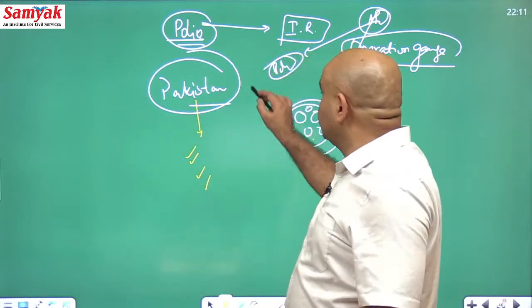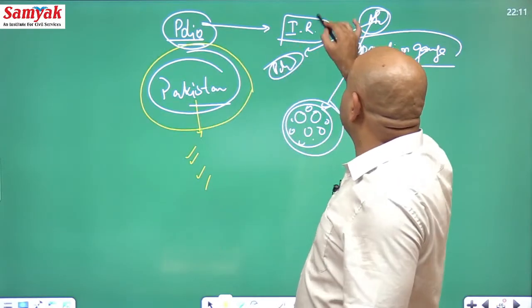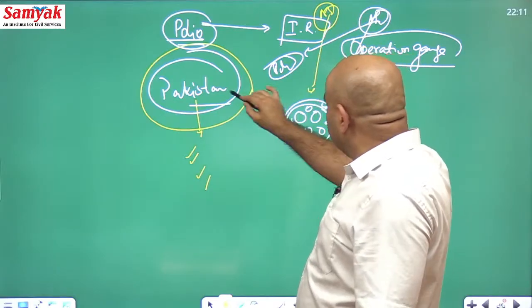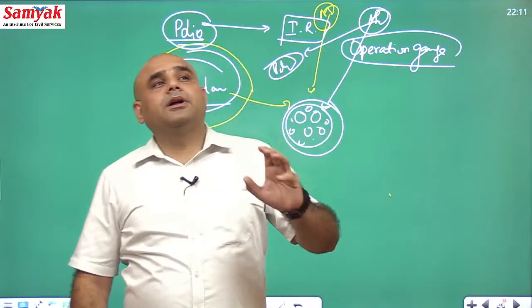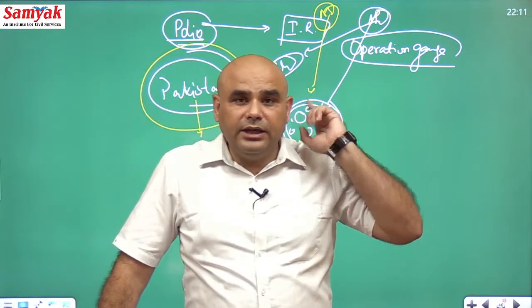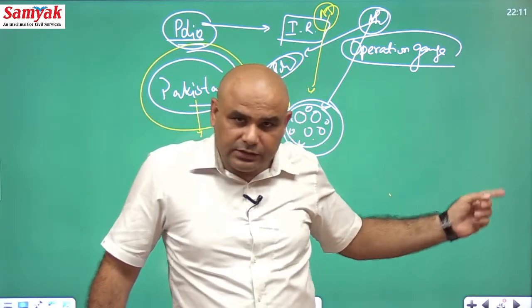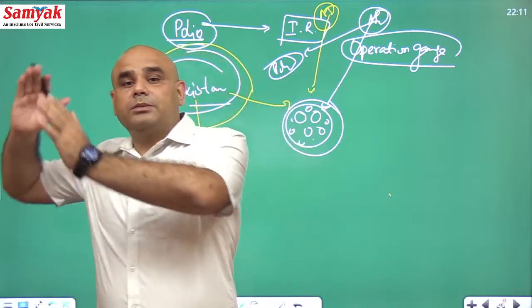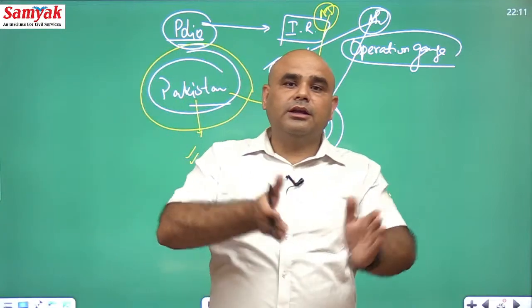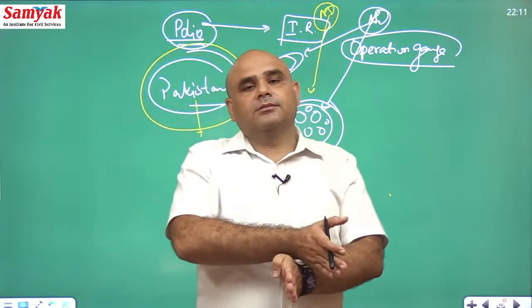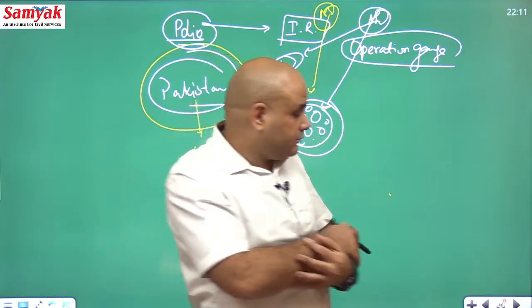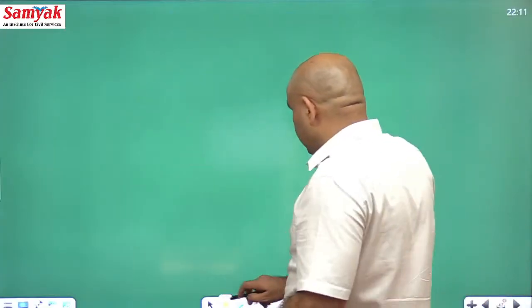Now, because of this, India is always under threat. That's why we have prepared a new set of rules. Anyone who is traveling to these countries or anyone who is traveling from these countries to India is supposed to go through a special type of vaccination. Got it?